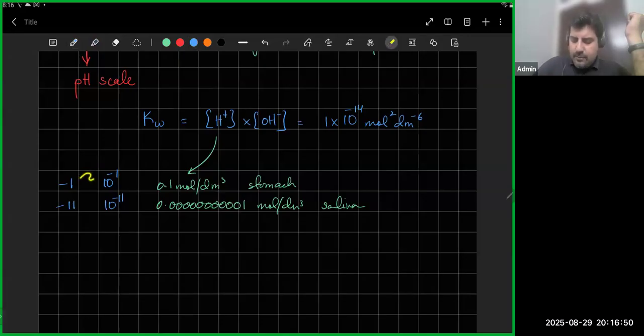Now, plotting 1 and 11 on a piece of graph paper is very easy. Plotting 0.1 and a very, very tiny value on a piece of graph paper is very, very difficult. Okay? Because remember, in science, the most important thing in any field is data visualization as well. You can't visualize these two values relatively because you can't plot them on the same piece of graph paper, but plotting 1, minus 1, and minus 11, you can plot them easily and you can visualize this.